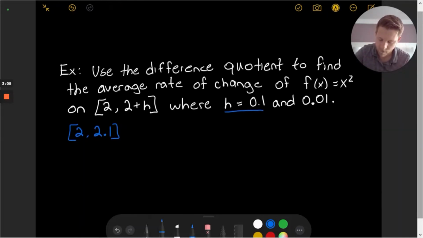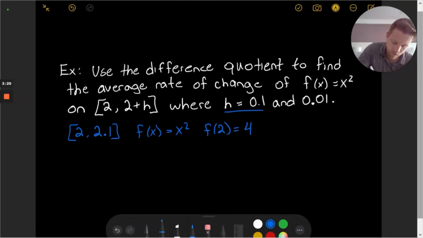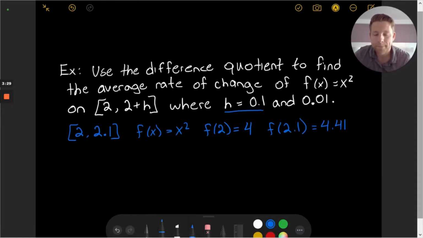If f of x is equal to x squared, we could say the functional values here, f of 2 is equal to 4, and f of 2.1 you can find to be 4.41. Those are the components that we want to use to find the average rate of change over this interval.